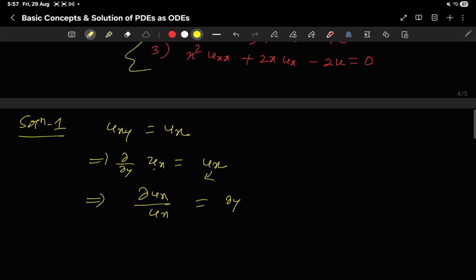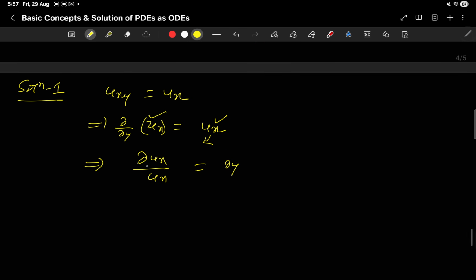I just bring this. So here left hand side is ln ux, and in the right hand side, if I integrate both the sides, y is integrated to give you y, plus the constants will involve the other variable.